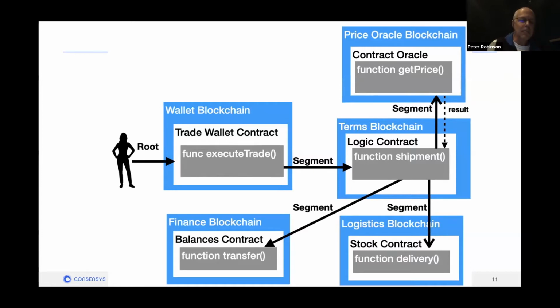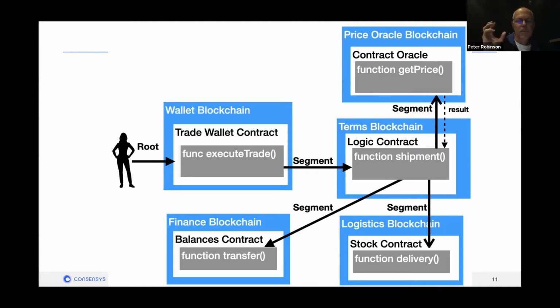Whereas the terms blockchain, maybe it needs to be shared with some sort of government regulator. And so the actual terms of the agreement, the business logic behind that, need to be public. You might have a price oracle blockchain, which has a contract on it, where you are certain that that is the current price for the goods that are being shipped.